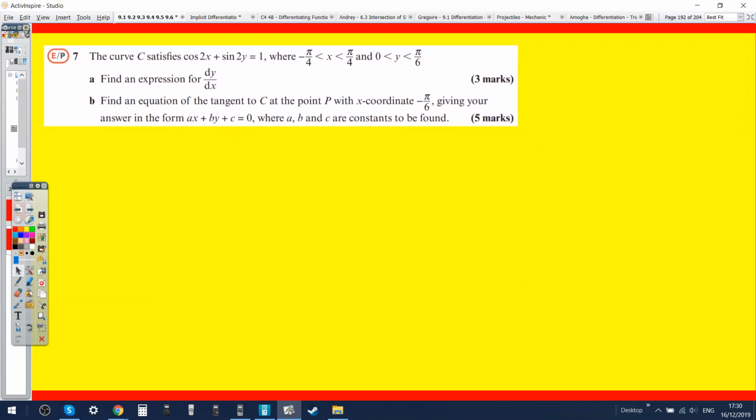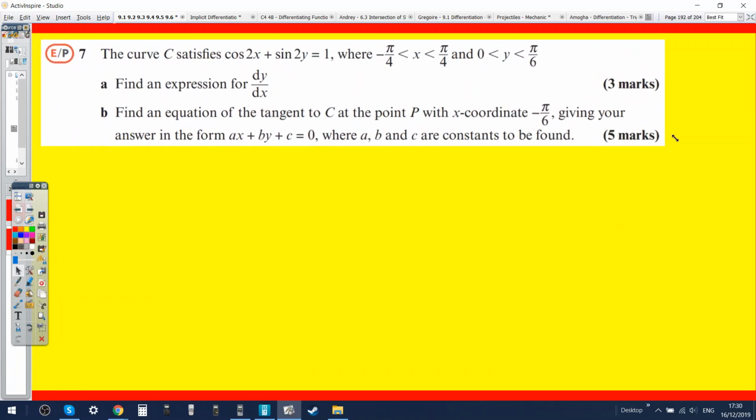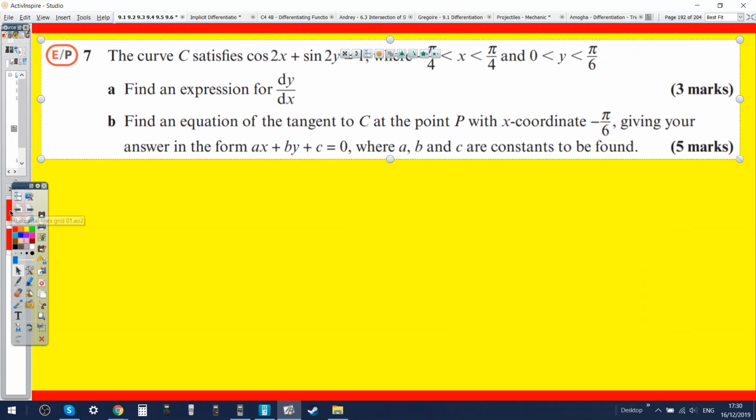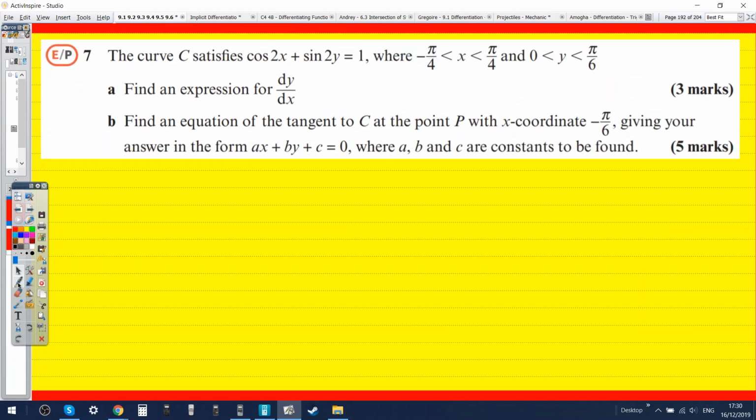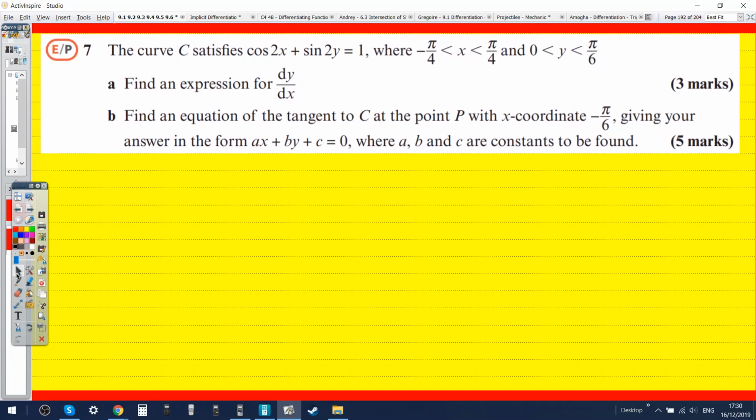Okay, trig time. Same thing, different function. So cos 2x minus sine 2x.